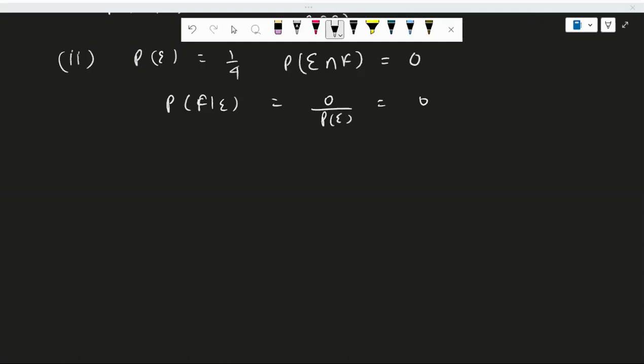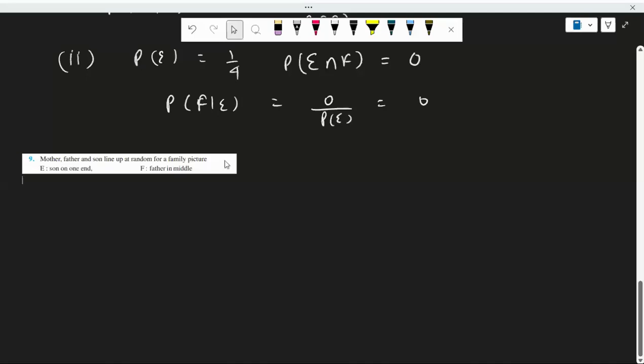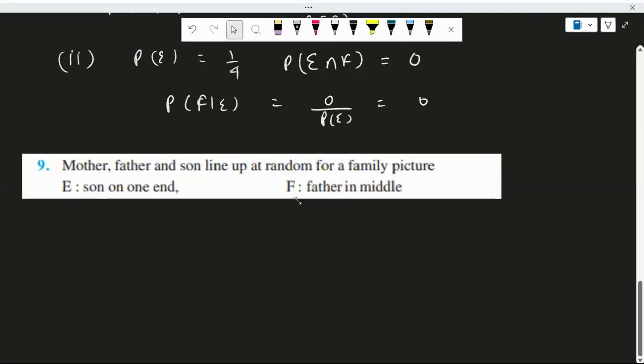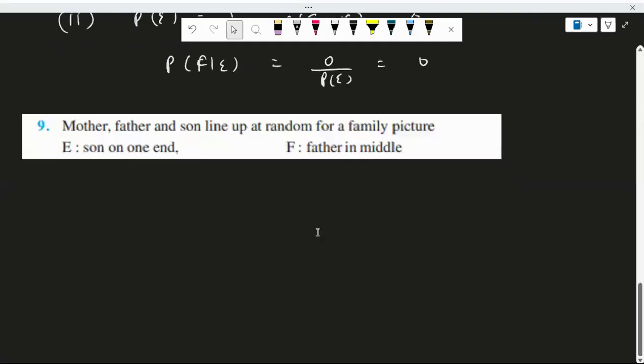Mother, father, and son line up at random for a family picture.